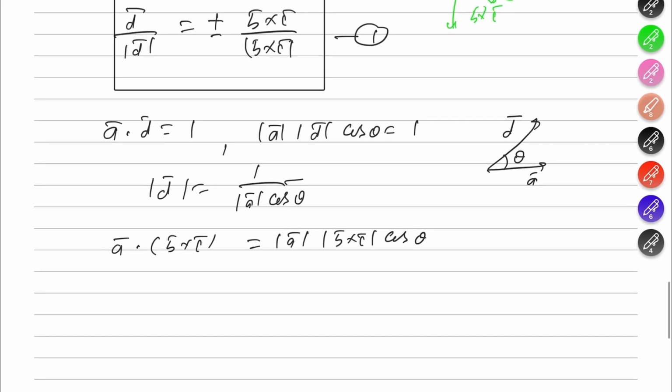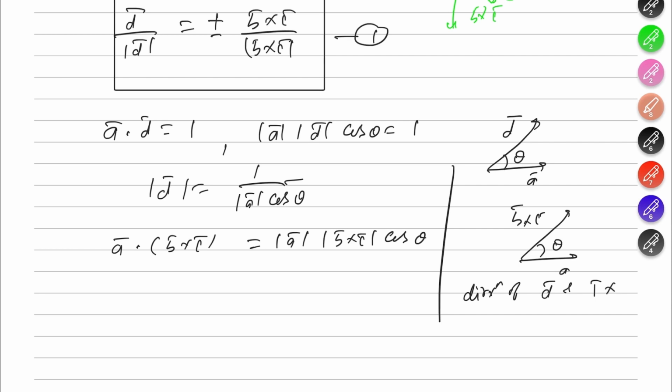Now you understand why this theta is the same: suppose this is vector A, and theta is also the angle with B cross C. Why am I saying B cross C? Because the direction of D and B cross C is the same. Agree?